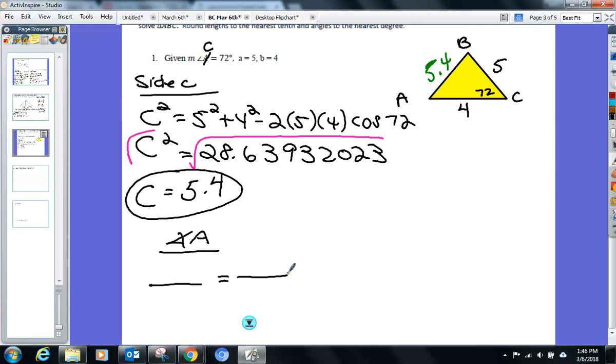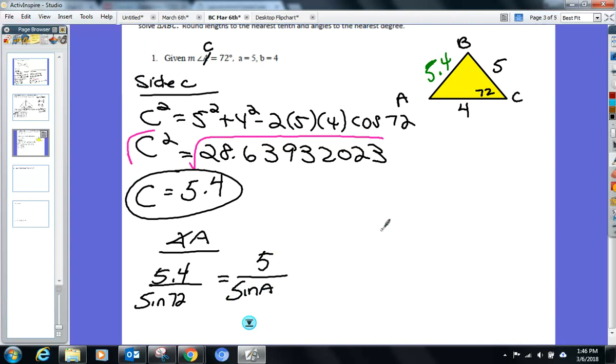All right, using law of sines, 5.4 over sine of 72. And then if we're solving for angle A, what side do I have to put up here? 5 over sine of A. Great job, everyone.